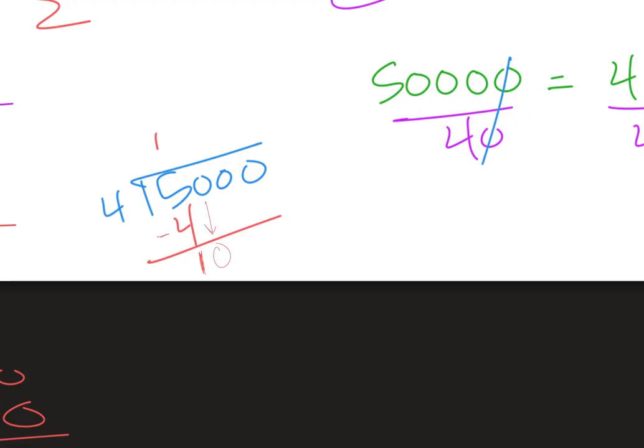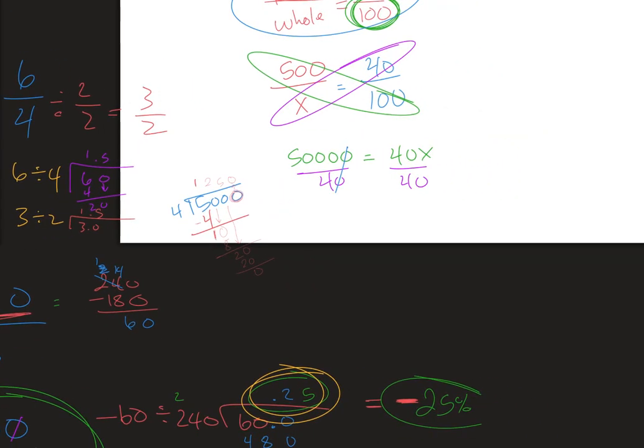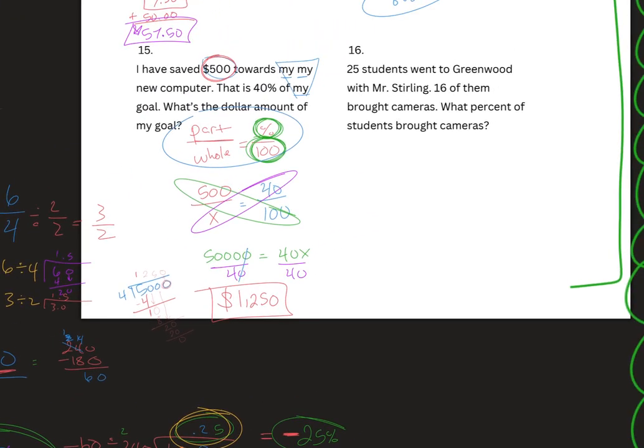Bring down this 0. 2 times 4 is 8. We have another 2. 4 times 5 is 20. 0, and then this last 0 just kind of pops up. So my goal is to save $1,250 for a computer, and I've saved $500, which is 40%.